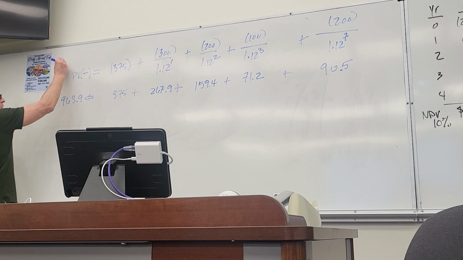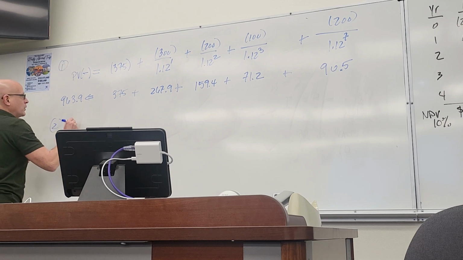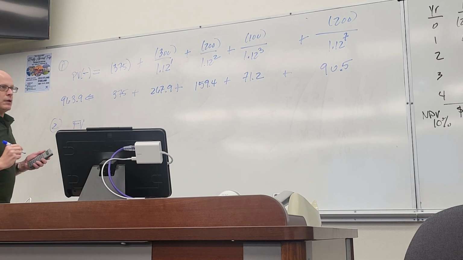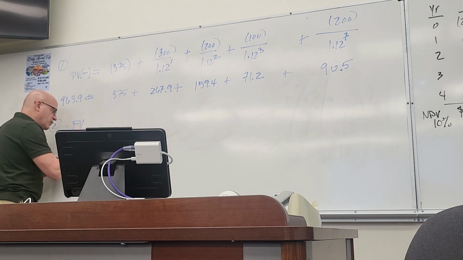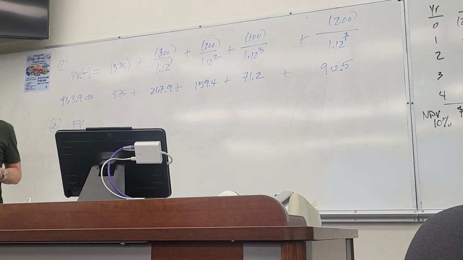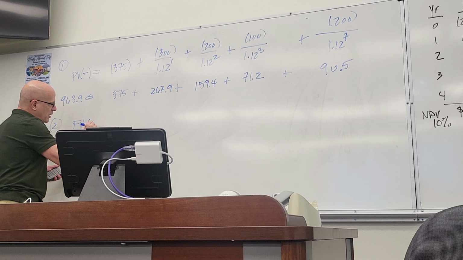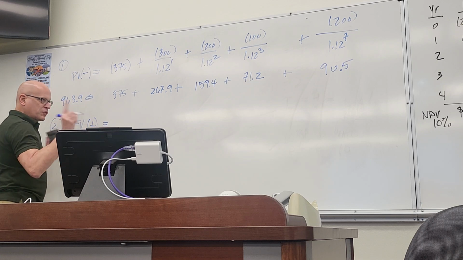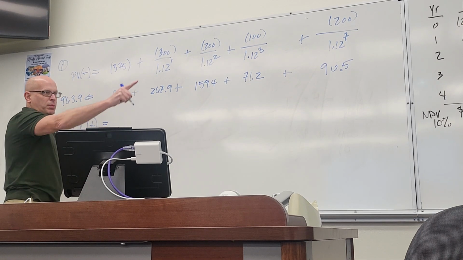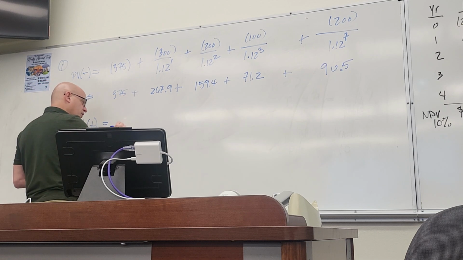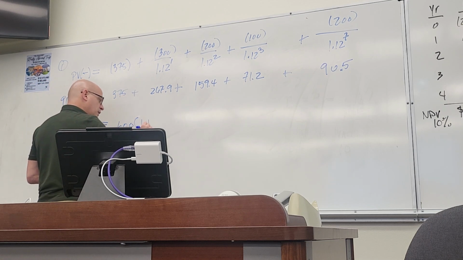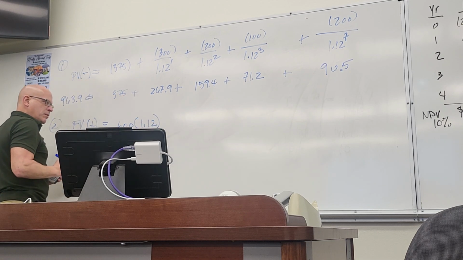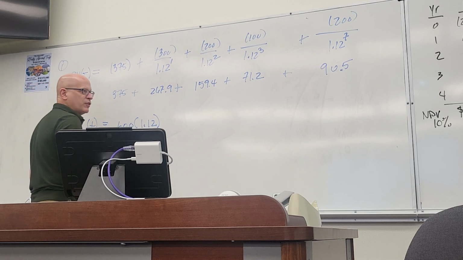So that's step one. Step two, we want to get the future value. And I want the future value as of year 7 because that's the last year of the project. This is going to be only the positive cash flows. So the first positive is in year 4. So I get 600, compounded at 12%.